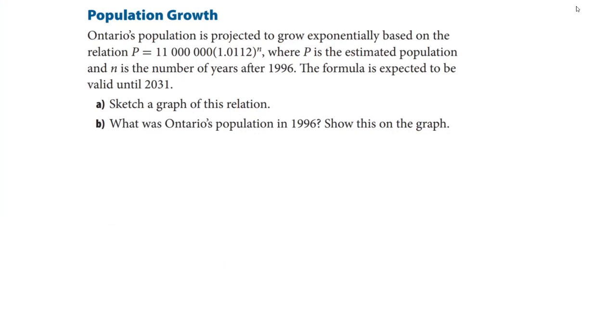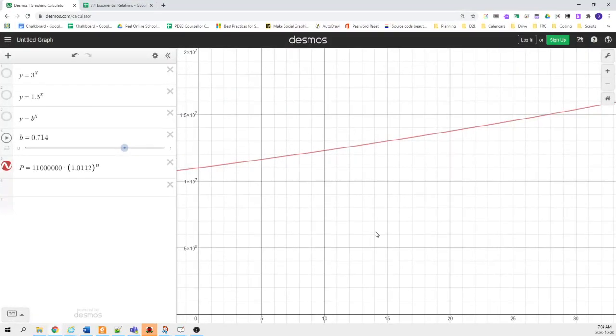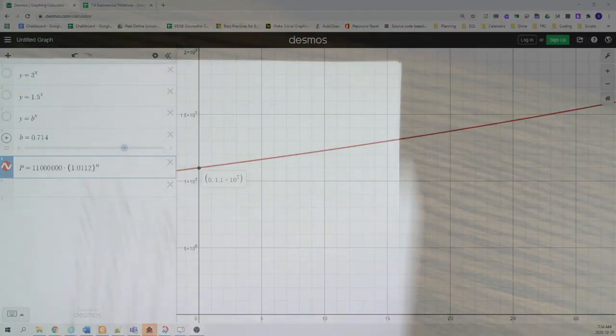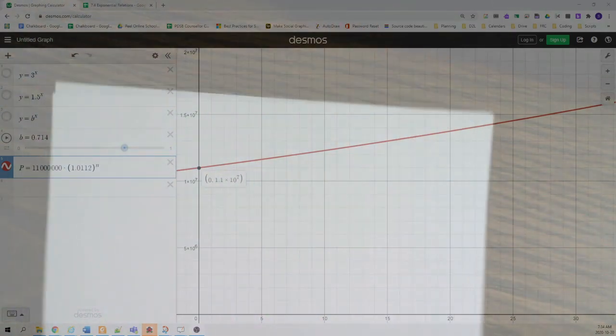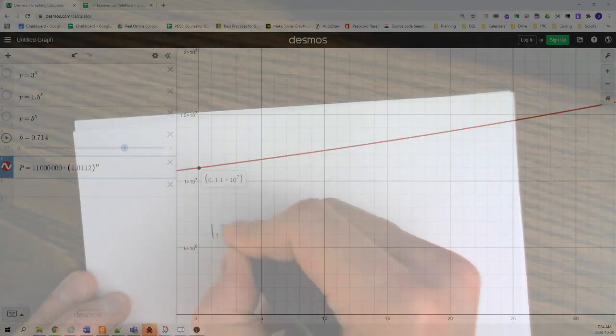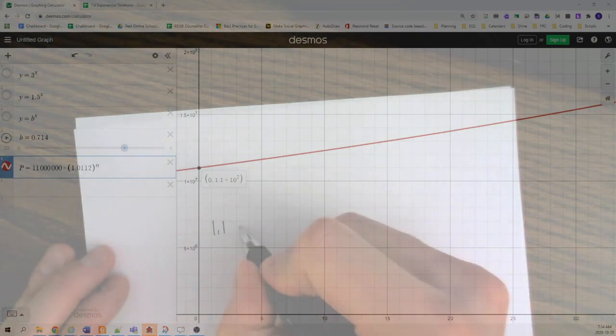What was Ontario's population in 1996? So we can use the graph. 1996 is at time 0. And Desmos is using scientific notation, because it's such a big number.